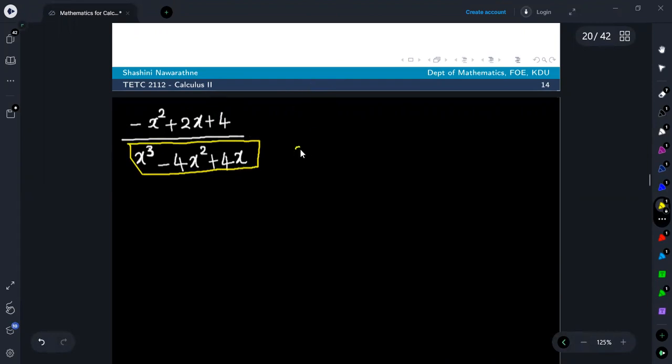If we take this common factor x out, the remaining part is x^2 - 4x + 4. And then we have to factorize this part as well. So we can obtain (x - 2)^2.